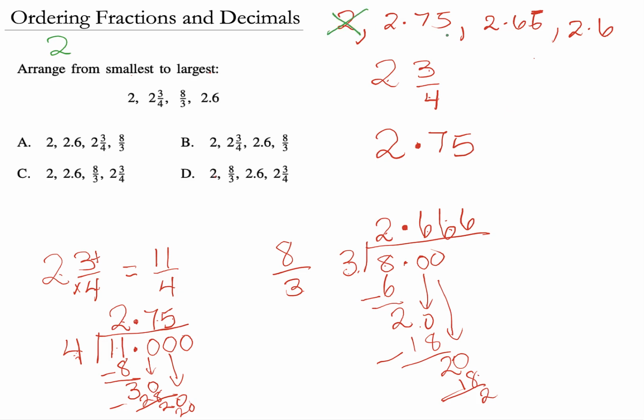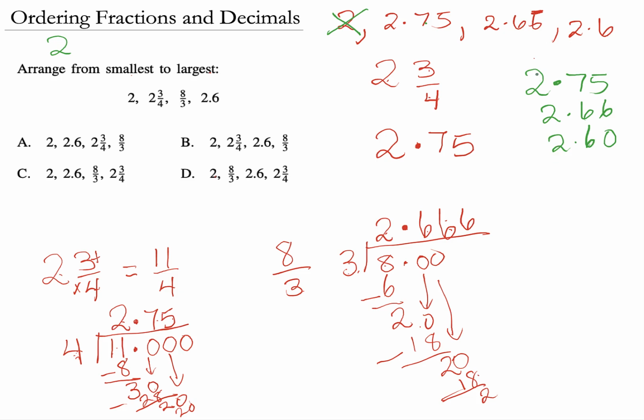All right, who is next? So you have 2.75, you have 2.66, and then this was 2.60. So remember when I said that you line up the decimals and then you compare by place values.